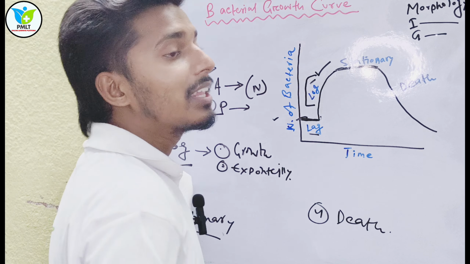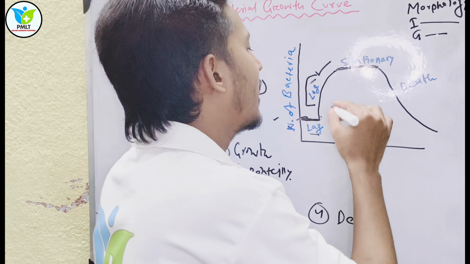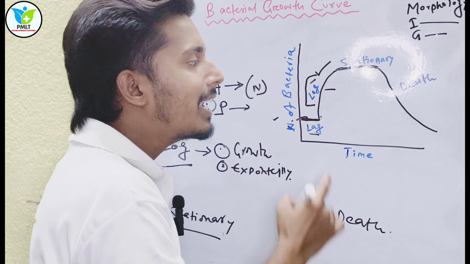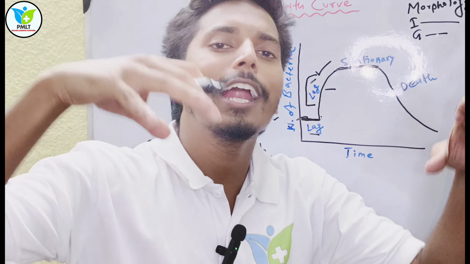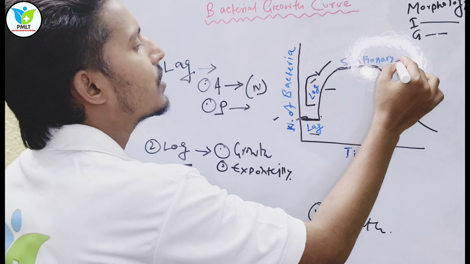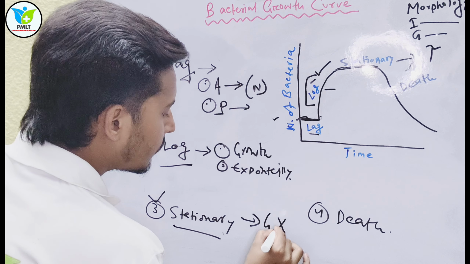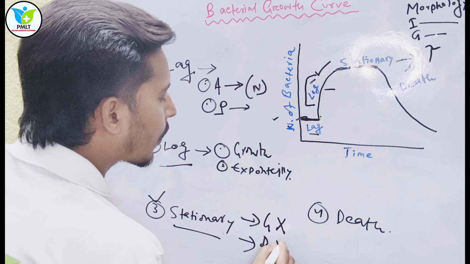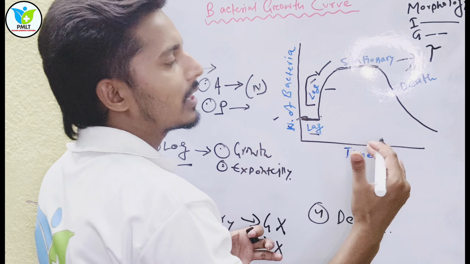In the log phase, they utilize these nutrients and grow their cells, so growth occurs. And in the stationary phase, they are not growing and not decreasing. They just sustain their position. That is called the stationary phase. Growth and decrease are not happening here.